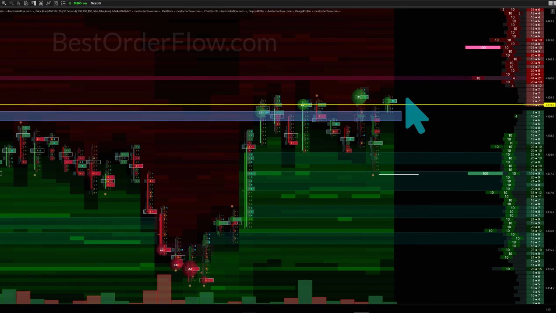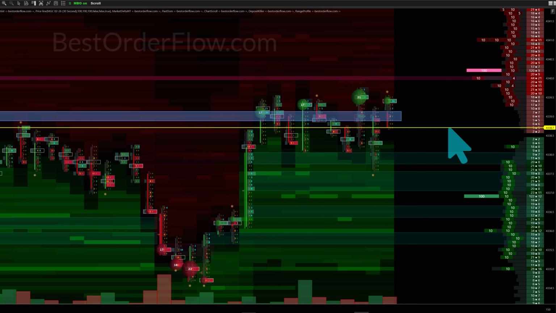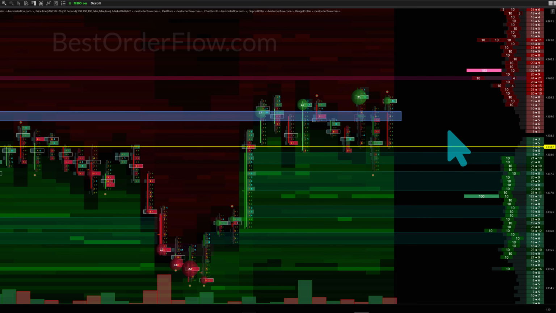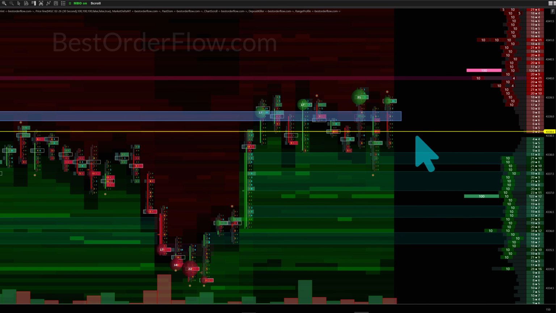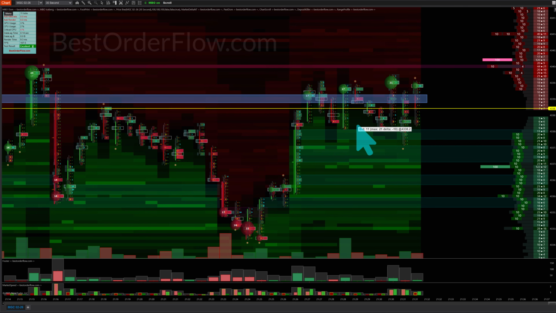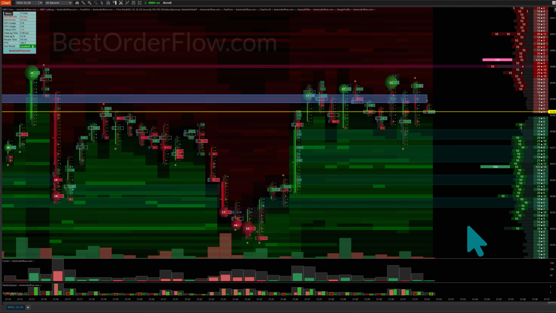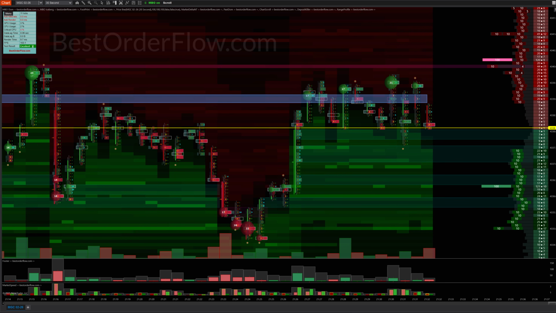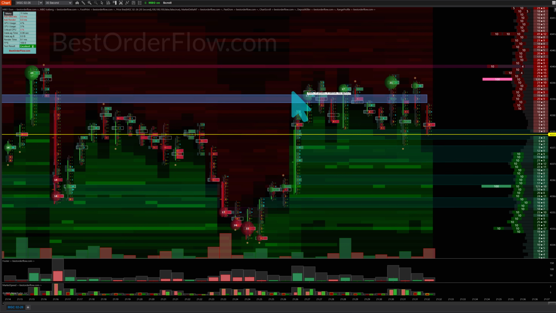Now you can read all the cofactors on the same chart. The footprint is integrated. The heat map is integrated. The MBO is integrated. All indicators can run on that chart. Professional built indicators can run on the same chart.